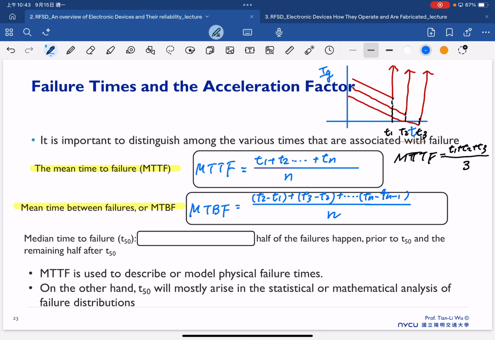And there's another one that we often use, which is the median time to failure. The median means 50%, so usually we call it T50%, which occurs when 50% have failed.